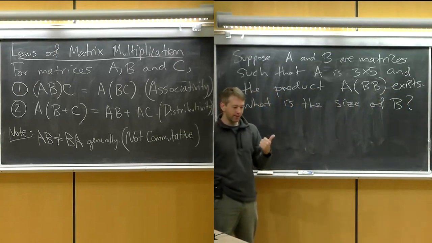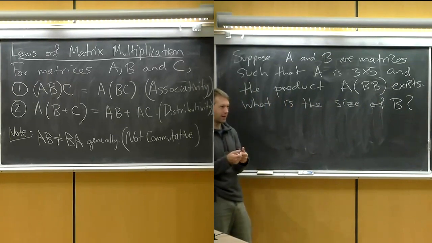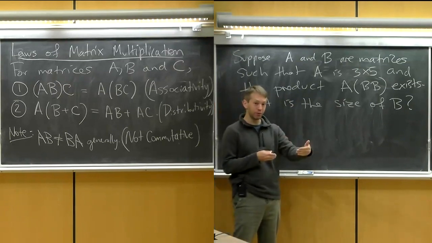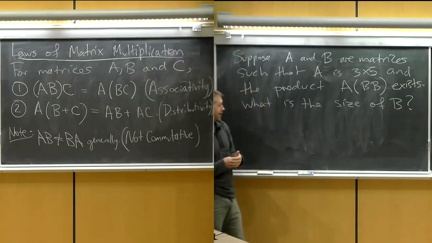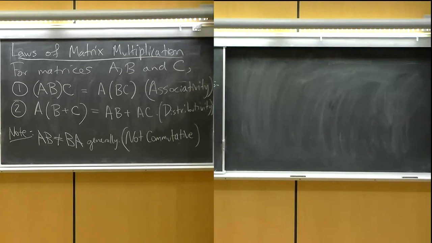One is the rule about matrix multiplication and the size of the matrix: the number of columns of the first matrix must equal the number of rows of the second matrix. And the second is one of the laws of matrix multiplication, the associativity law.